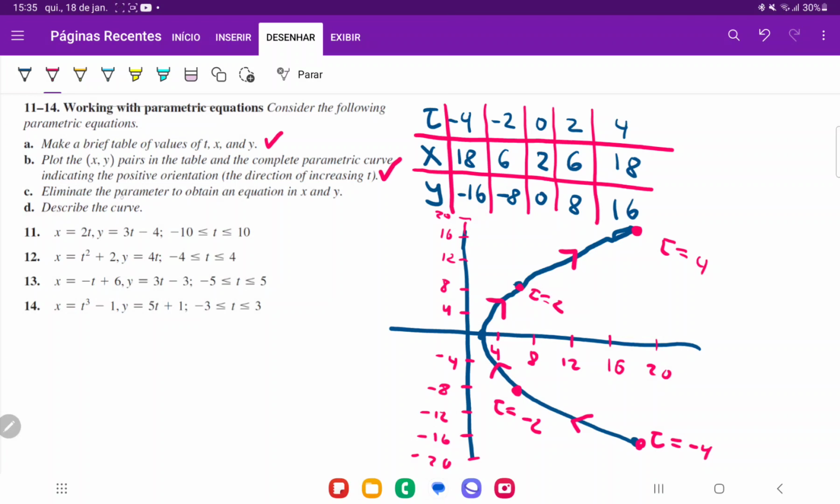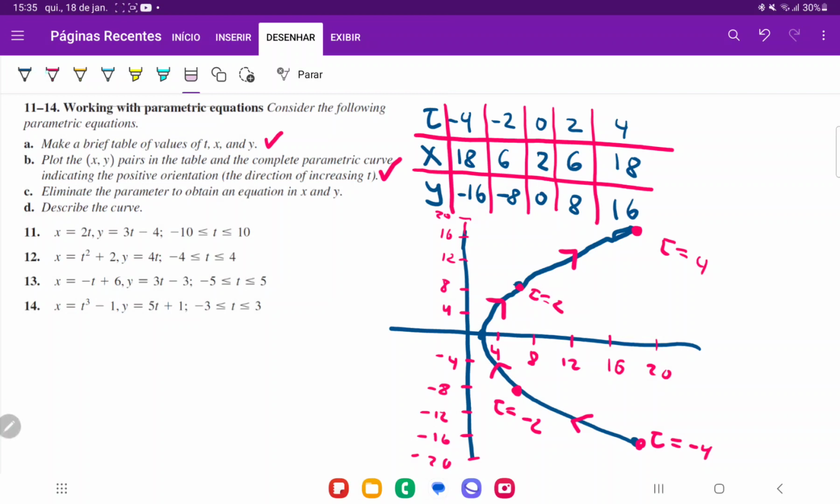Now let's do item C, which is eliminate the parameter to obtain an equation in x and y. So we have that y is equal to 4t and x is equal to t squared plus 2. The way that this curve goes, this is not a function of x because it fails the vertical line test, right? So this curve here is actually a function of y. We can model it as a function of y, which means that we're going to treat y as the input and x as the output.